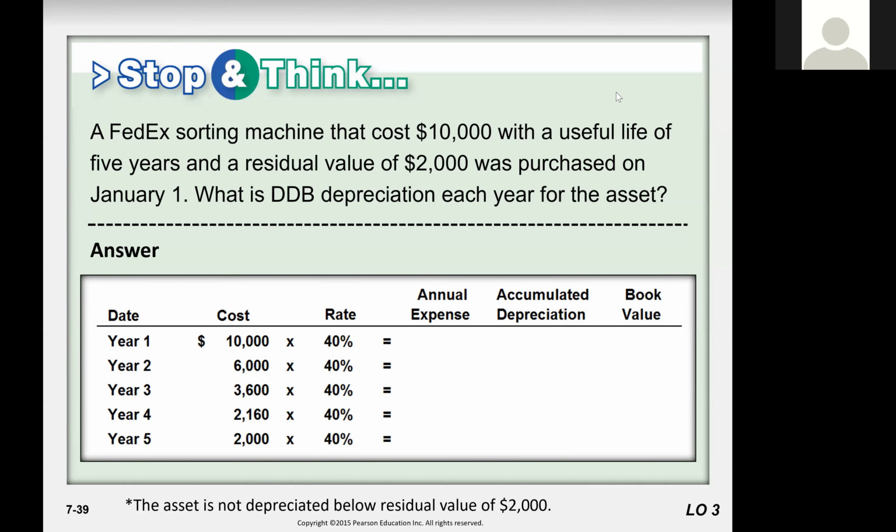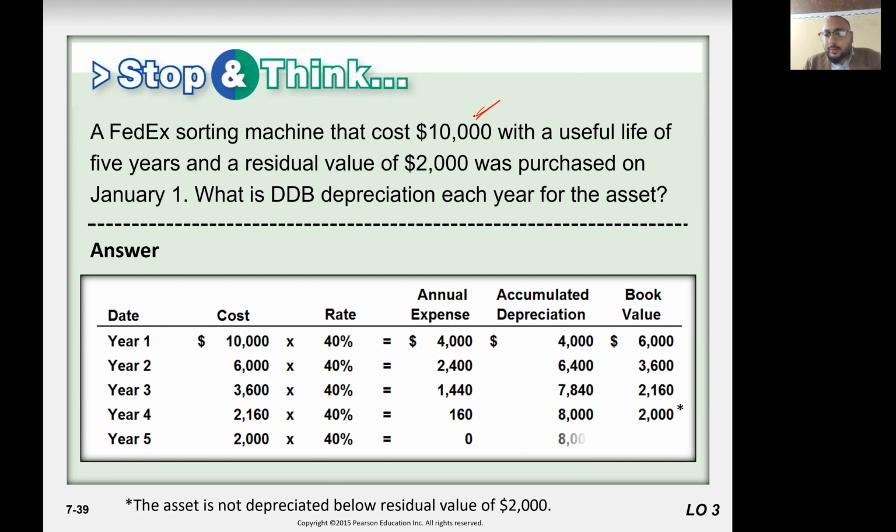Okay, class, welcome back after the breakout room activity. So our first year depreciation is going to be cost multiplied by the rate. That would be here, right?